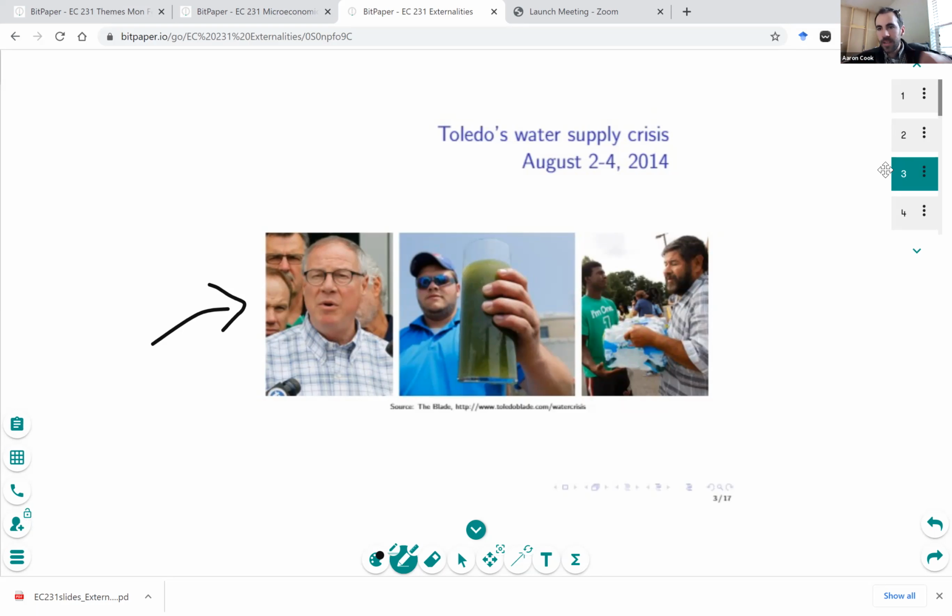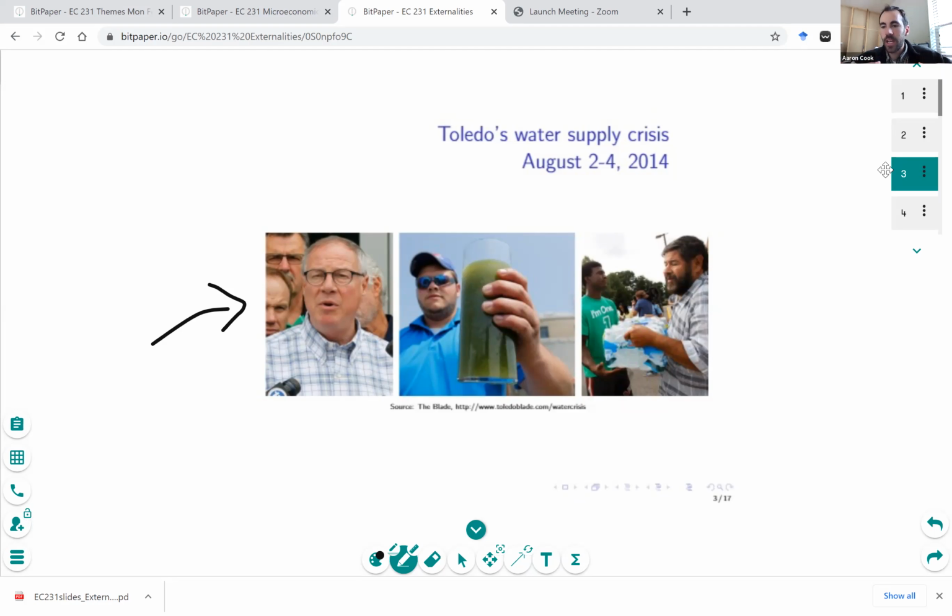And what happened is the city of Toledo gets its municipal water supply from Lake Erie, and the excess nitrogen and phosphorus that was building up in Lake Erie produced some blooms of algae, some of which produced a toxic chemical called microcystin, which is difficult to treat.